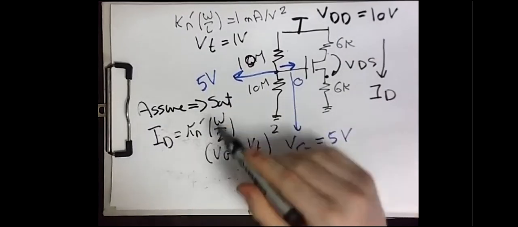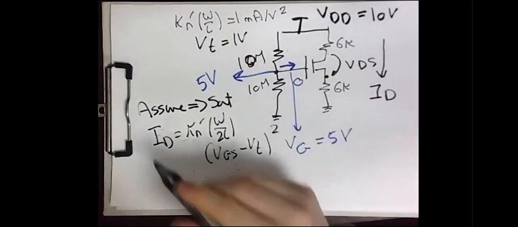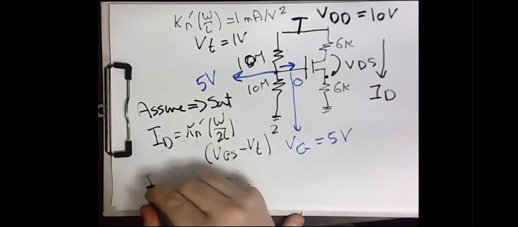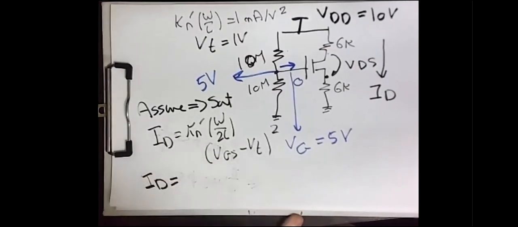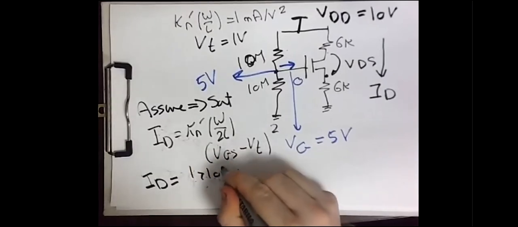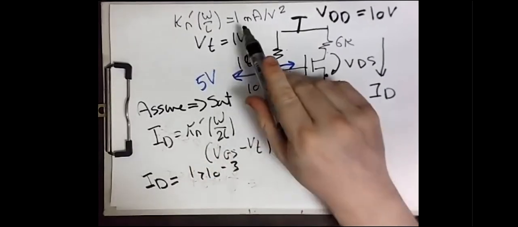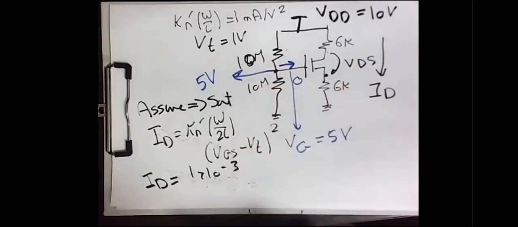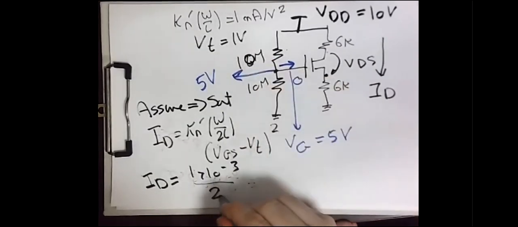Kn dash W over L is given. You just need to divide it by 2. So ID is equal to this 1 times 10 power negative 3. It's 10 power negative 3 because we have milliampere here, so don't forget. Over 2.